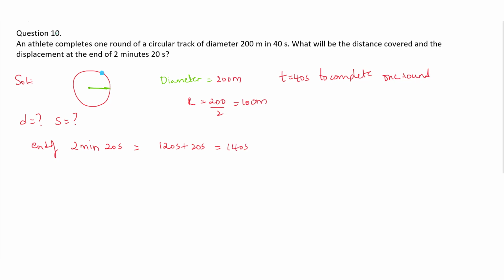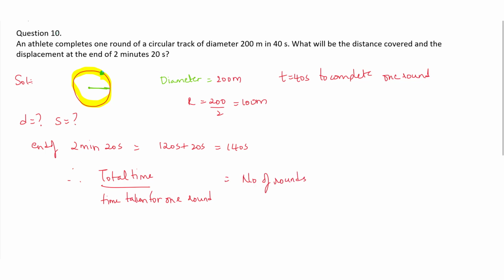To cover one round, from here to again there, it took him 40 seconds. So for one round it is 40 seconds. Therefore, total time divided by time taken for one round will give me the number of rounds he did.